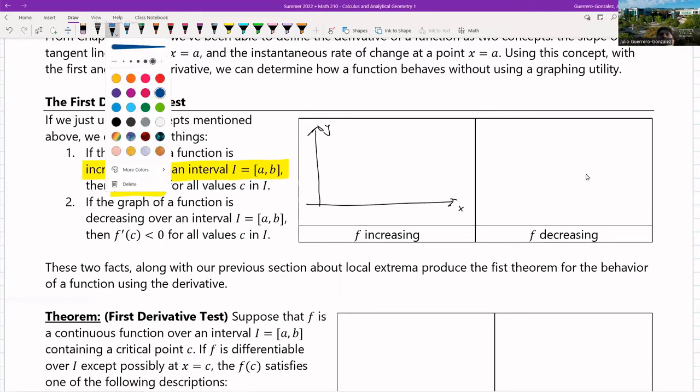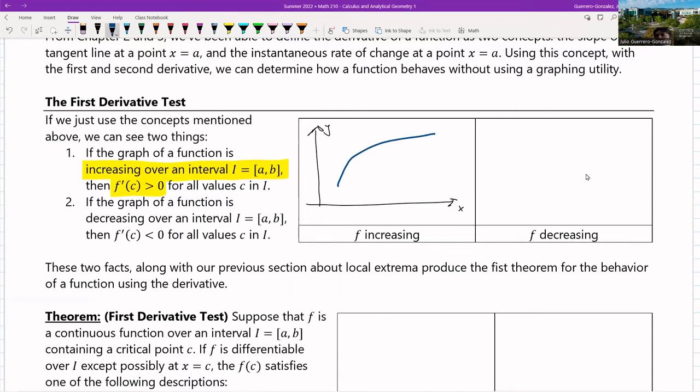It doesn't matter how it's increasing. Let's say both of these are our functions. You can tell that the derivatives, or the slopes of the tangent lines, are all going to be positive, and therefore they're increasing.